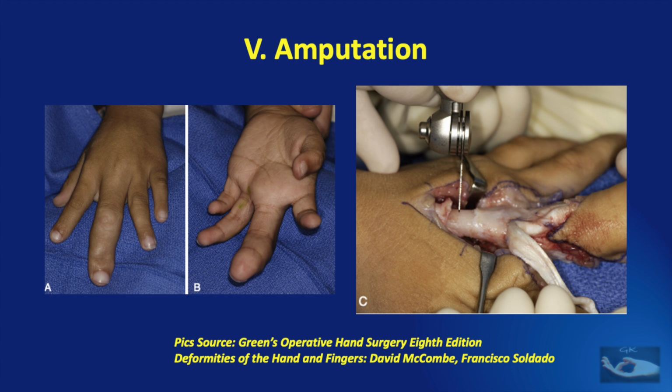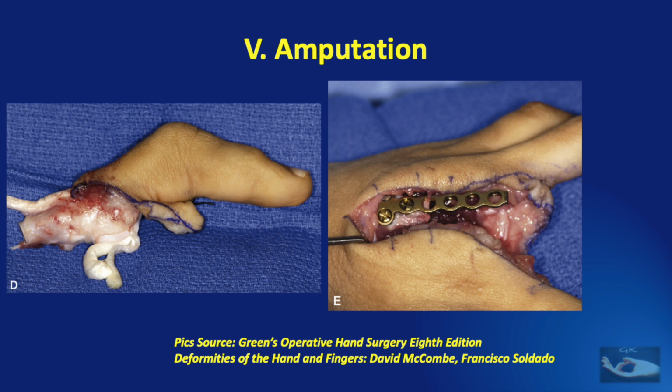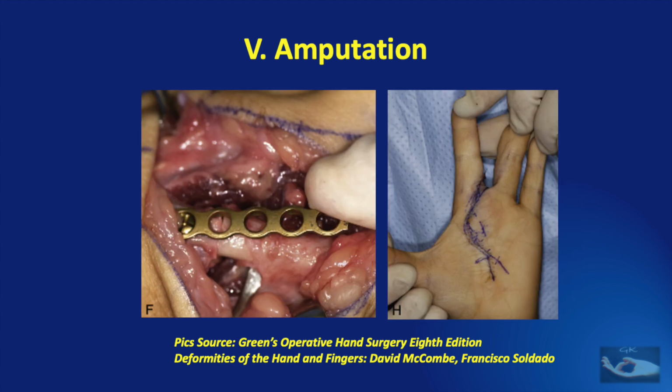In this example, the macrodactyly of the middle finger is treated with amputation at the level of the middle of the third metacarpal bone. A plate is fixed here and the index finger is osteotomized at the middle of the metacarpal and transposed to this middle finger metacarpal. Alignment of the fingers and the rotation is considered and then the wounds are closed.